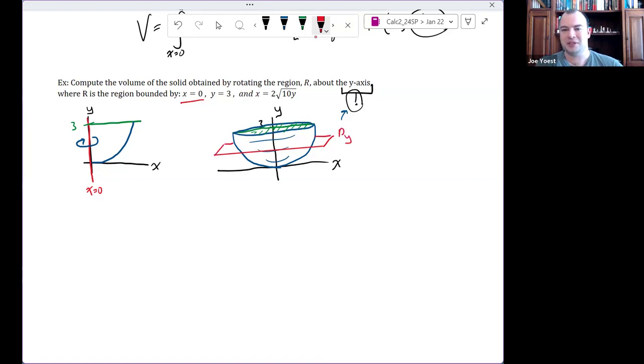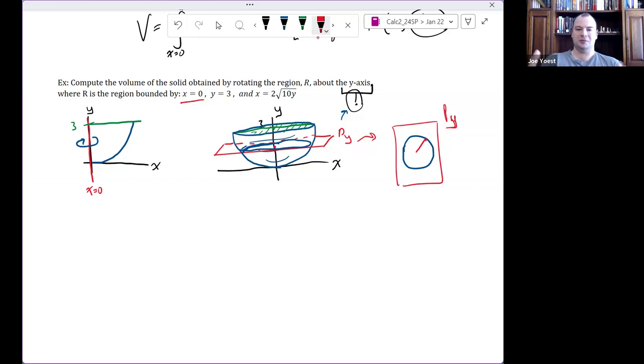So if I use P_y instead, a plane perpendicular to the y-axis, nicely enough, now my cross-sectional area is a circle, which is a little hard to see from my bad drawing. For an arbitrary radius, since it's a circle, the radius is the same in any direction.